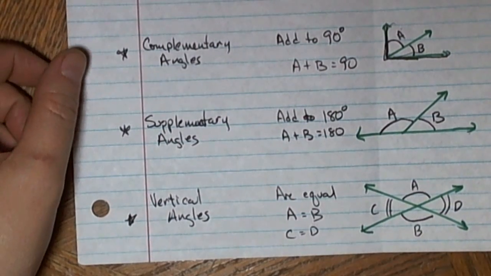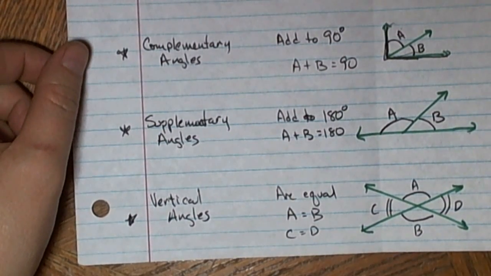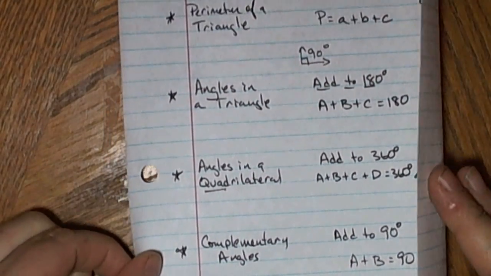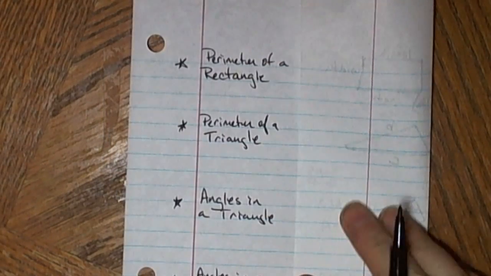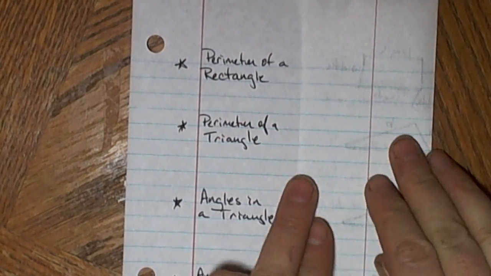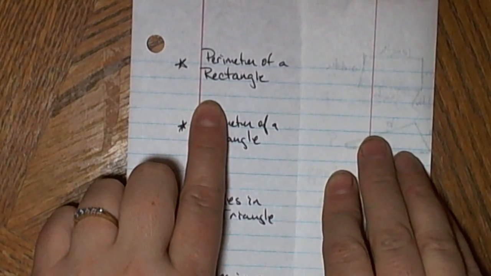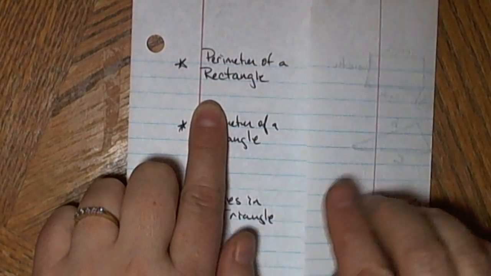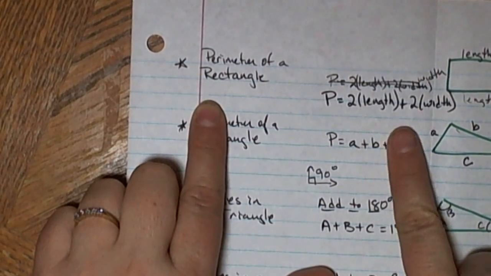After you have all these notes copied down, what you can do is fold this over and try to quiz yourself. Perimeter of a rectangle: distance around, 2 times the length plus 2 times the width. Then I check and make sure I'm right.